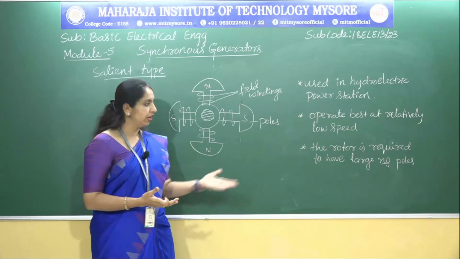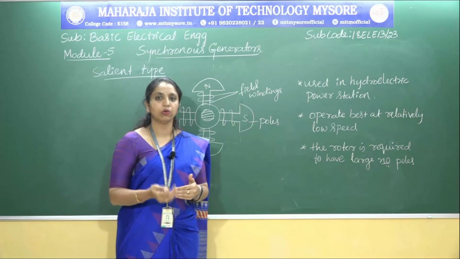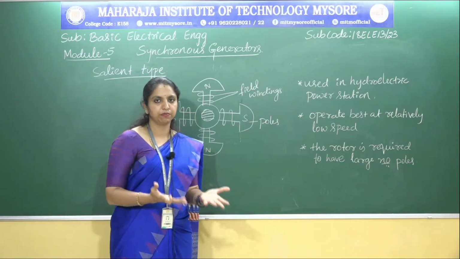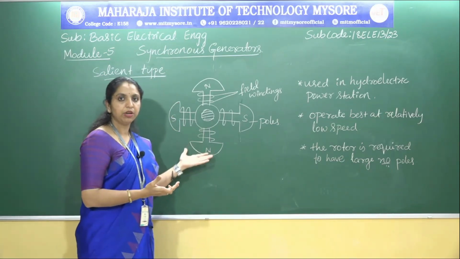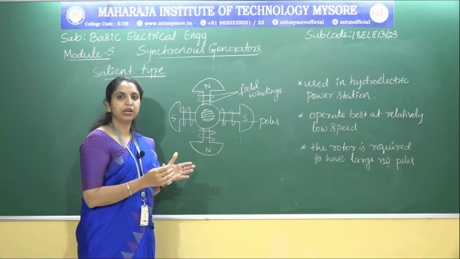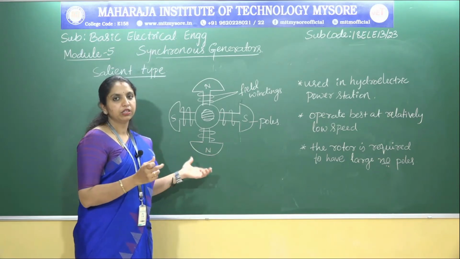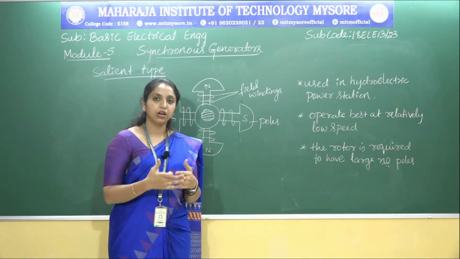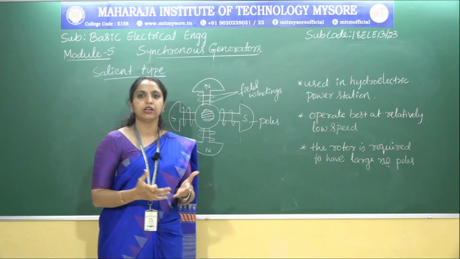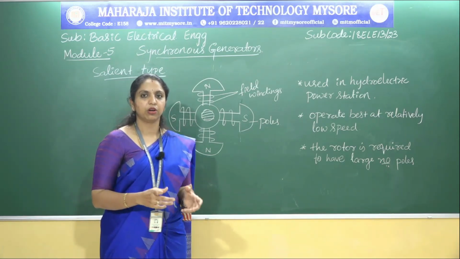And for low speed, it is required to have a large number of poles. So remember, for low speed, it is required to have a large number of poles, and to accommodate the large number of poles, the diameter of the cylindrical core is made larger, and the axial length is made smaller.